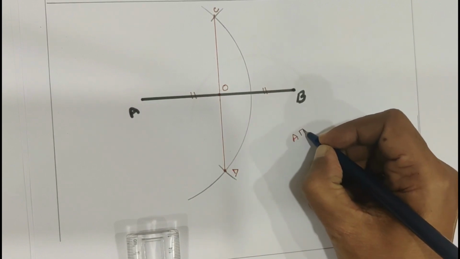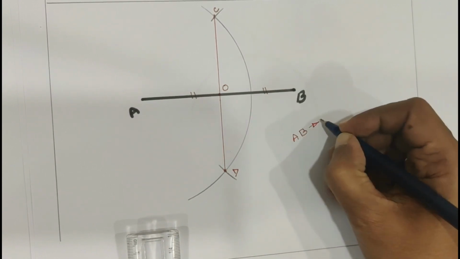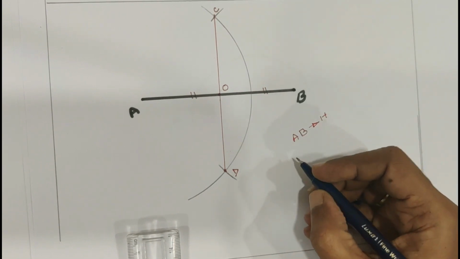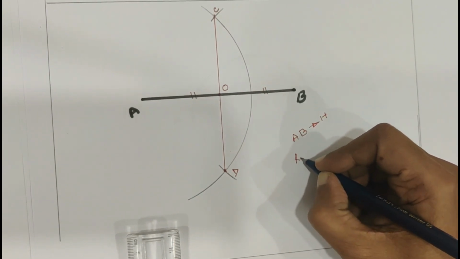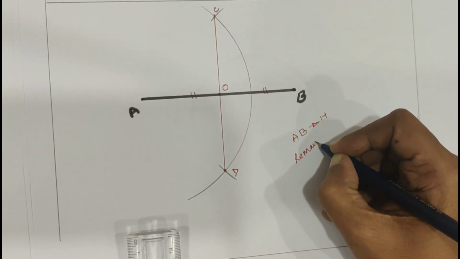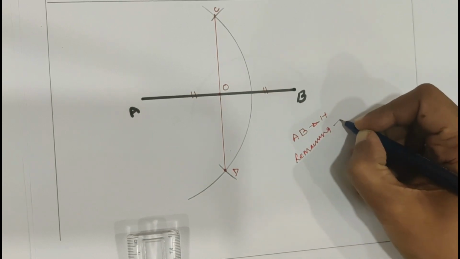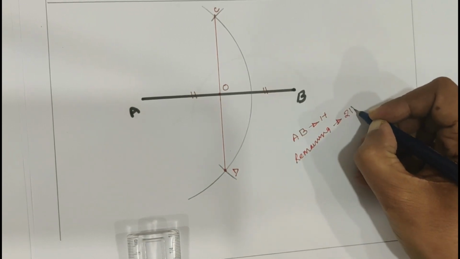Here line AB is drawn with an H pencil and the remaining lines are with a 2H pencil.